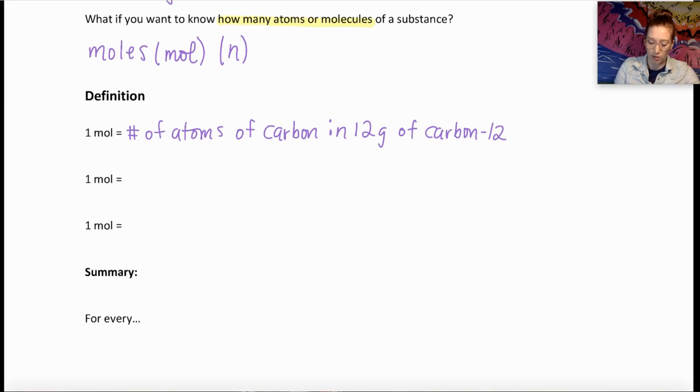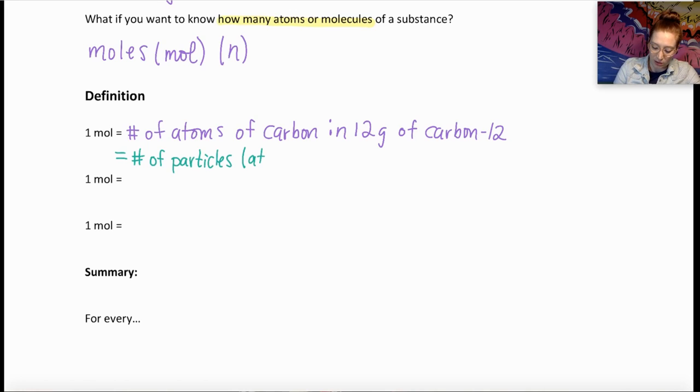Now, we are not just going to base this on carbon-12, because that's not going to help us for anything but carbon-12. We're going to say that this is the number of particles, and the name of this particle is going to be dependent on what we're looking at.